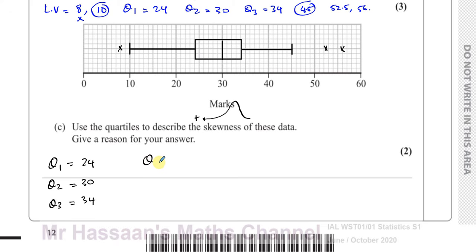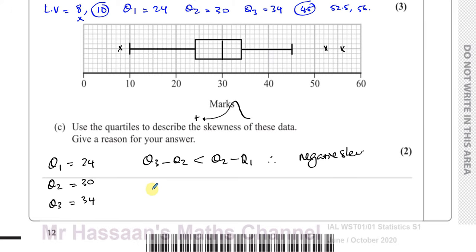You can write this in many ways. We could say Q3 minus Q2 is less than Q2 minus Q1. Therefore, we can say negative skew.